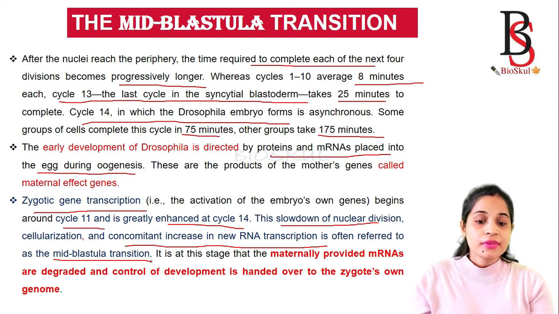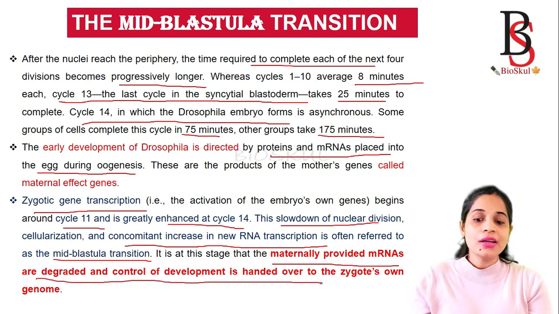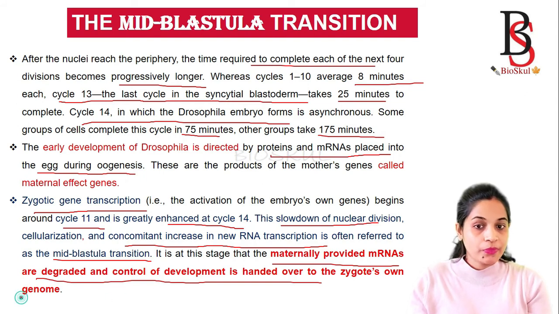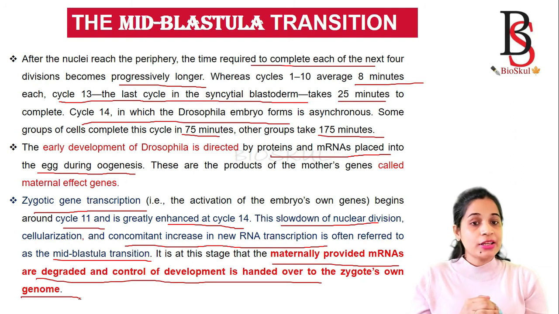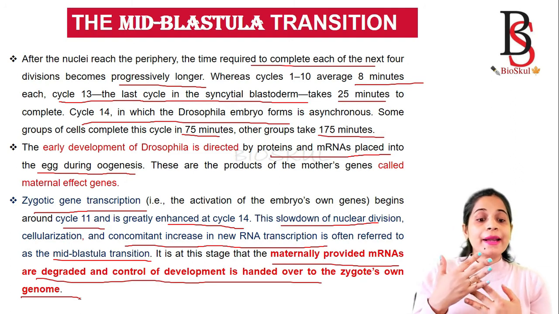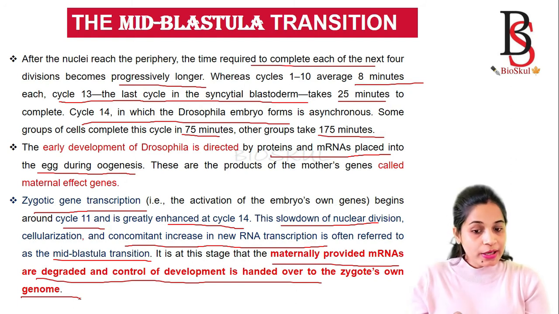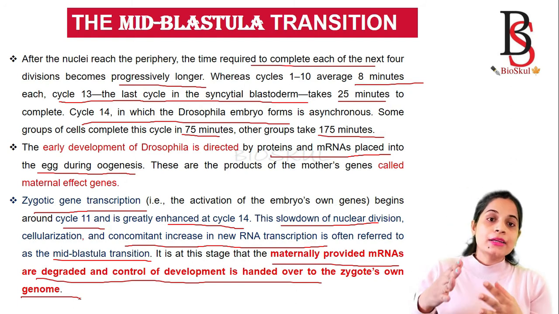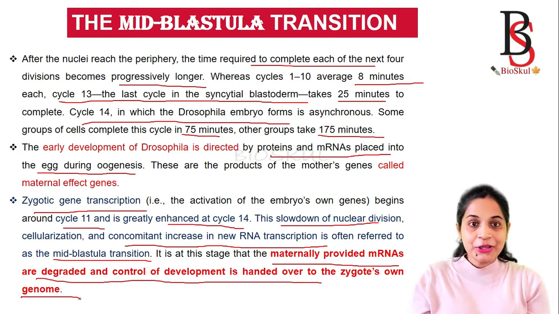In this stage, maternally provided mRNAs are degraded and control of development is handed over to the zygote's own genome. Mid-blastula transition is that stage where the maternal effect genes that control the early development of Drosophila are degraded and control is completely handed over to the zygote's own genome.